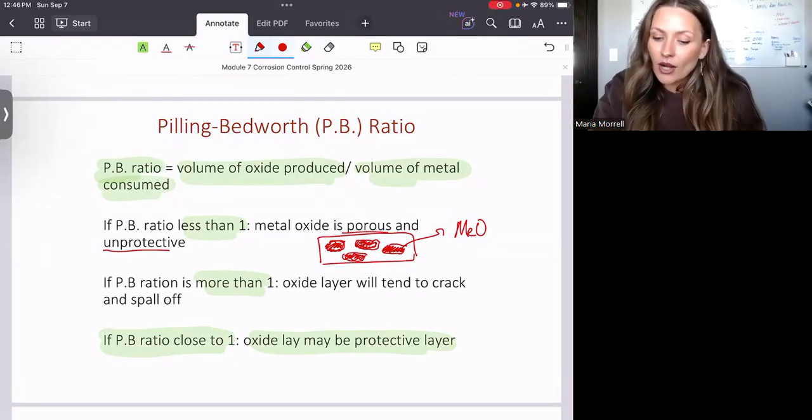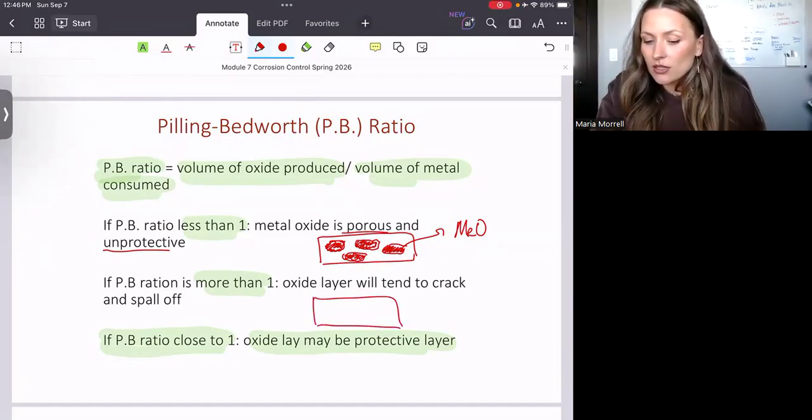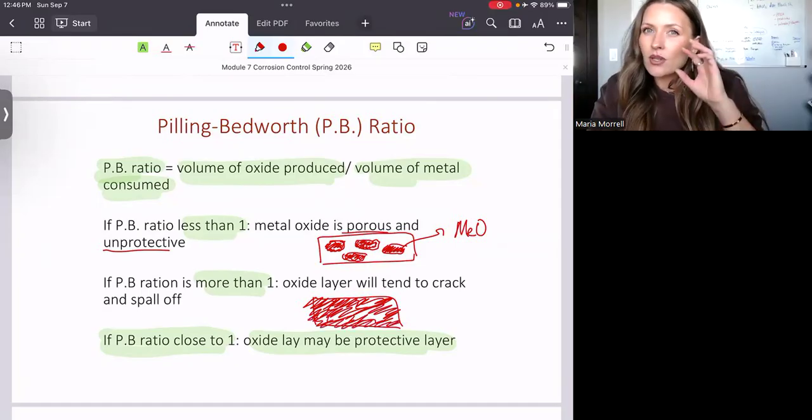Now, what happens if you have more than one? In this particular scenario, I'm not sure I am a good artist to demonstrate it, but I'll demonstrate it. That means that the volume of oxide that has been produced is actually more than what has been consumed.